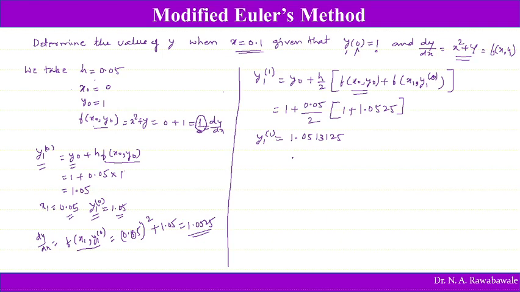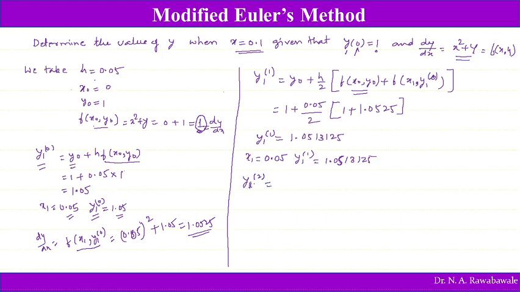Then to get a second iteration, now we know the value of x1 is 0.05, whereas the value of y1 of 1 is 1.05131125. To find the next approximation, the formula has to be written for y1 of 2.